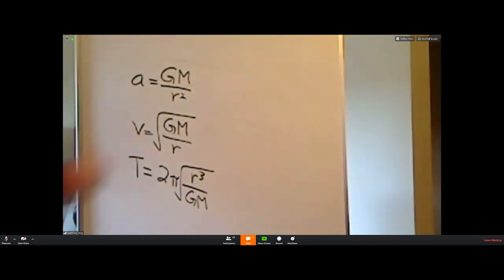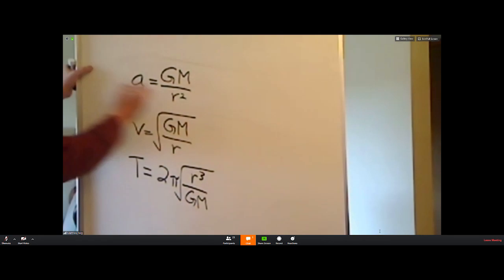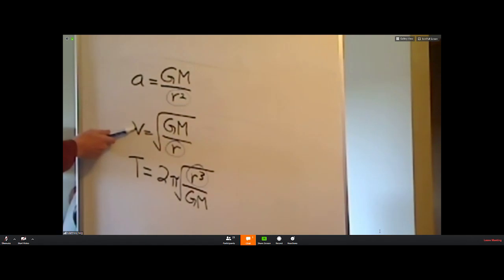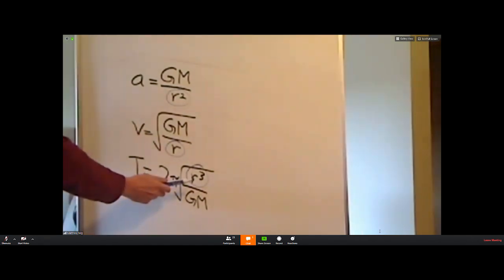And we can just pop these numbers in. I'm really focusing on the r's. Bigger orbits have lower accelerations because they're further from the Earth. Bigger orbits move at slower speeds. Bigger orbits take a lot longer time.